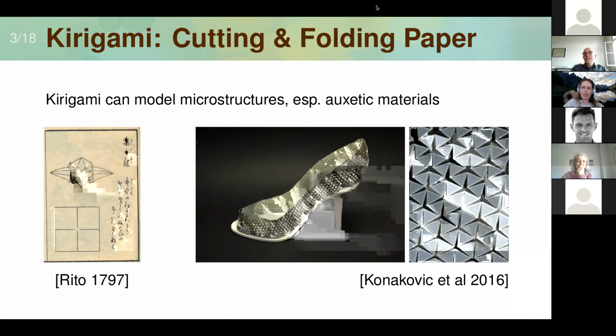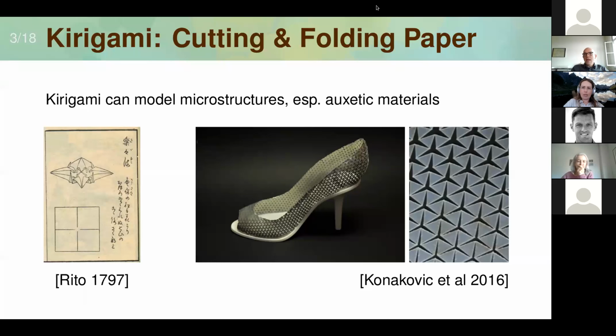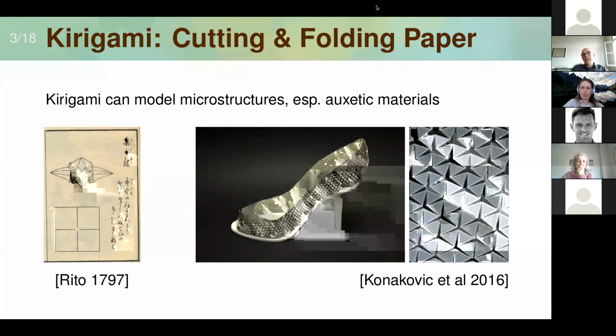What they've been doing is cutting slices into paper, and basically they follow hexagonal regular combinatorics, and by deviations from the regular pattern, they are able to design the pattern in such a way that when you pull at it, you get a three-dimensional surface, for example this shoe that is shown here.